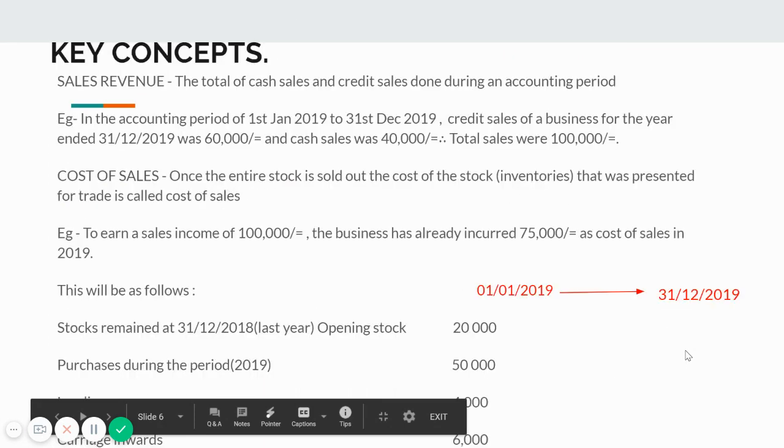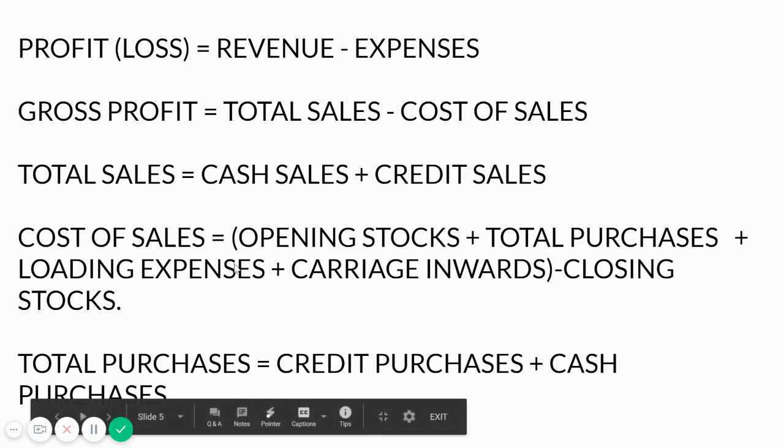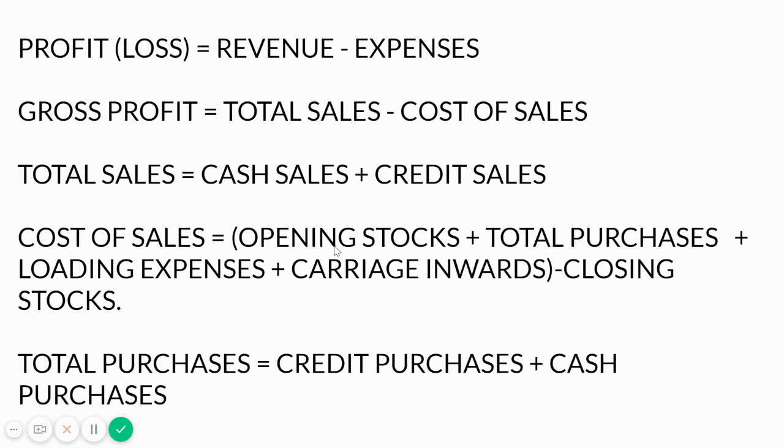Then, when it comes to the mathematical equation, cost of sales comprises of opening stocks plus total purchases plus loading expenses plus carriage inwards, and from that you have to deduct or take away the closing stock which is remaining, and thereby you'll end up with cost of sales.